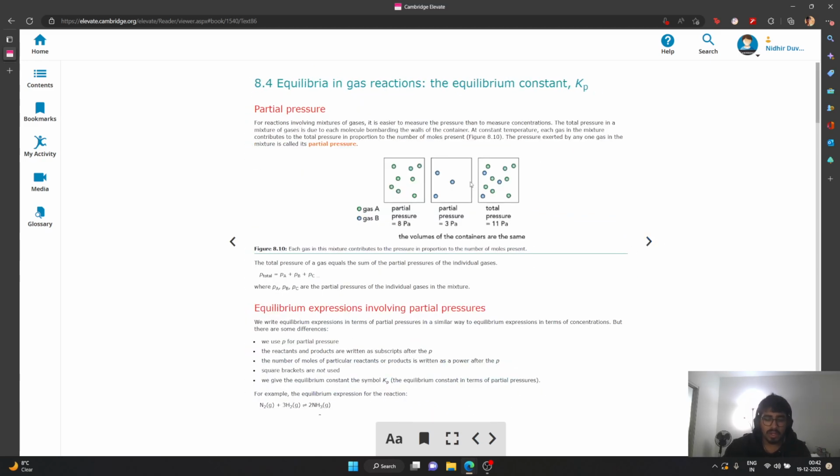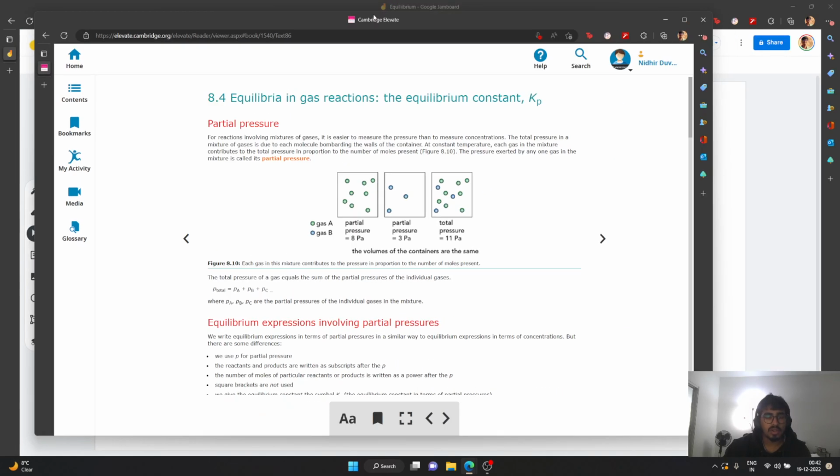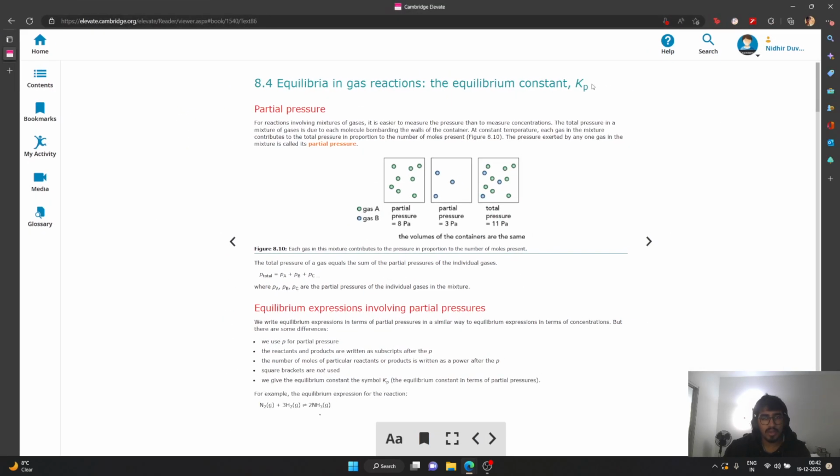Then the alternate concept that we define is the Kp concept, which is in terms of not concentration but something called partial pressure. Let's first look at what partial pressure is. If there are two gases in a container, A and B, maybe there is a total pressure of 11 pascals here, but 3 pascals is because of one gas and 8 pascals is because of the other.